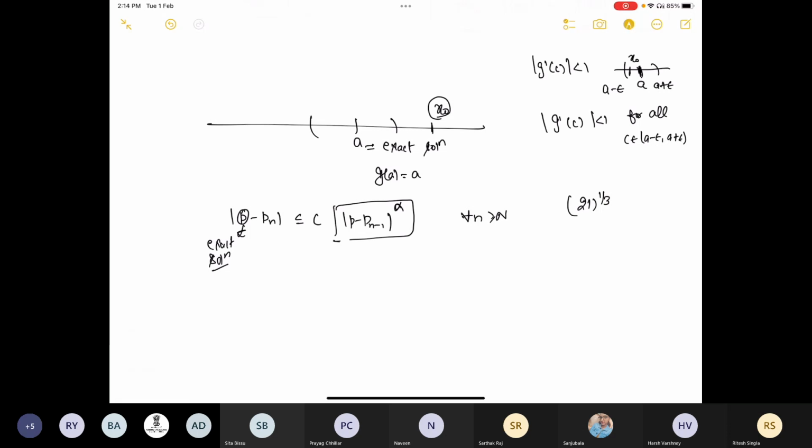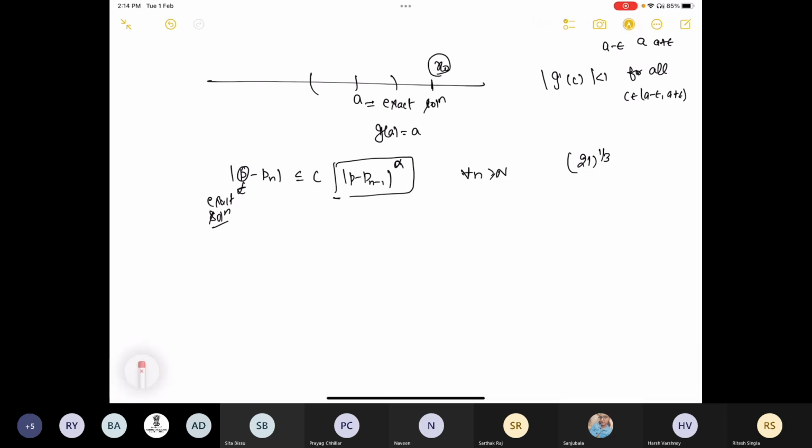So what I'm saying is we can start with this, p minus p_n, and we want some constant here, and we want this kind of result, some power alpha. This is what we need. If you can show that somehow, then you can say that your iterations are converging and converging with order alpha.